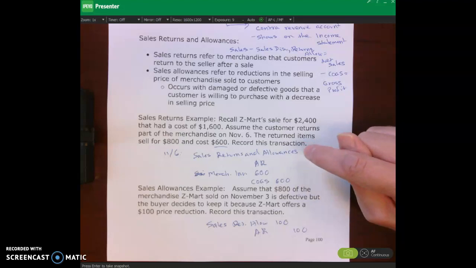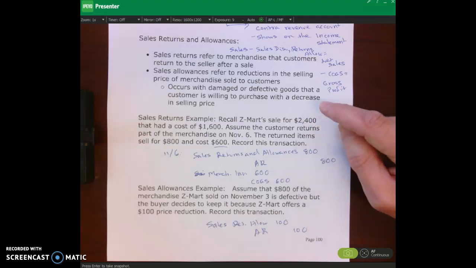sales returns and allowances separately, and we show that separately on the income statement so that anybody reading the income statement can see, here's how much sales returns and allowances they've had and how much sales discounts they've had. Because as an investor or any other interested party reading these financial statements, that's what you want to see.